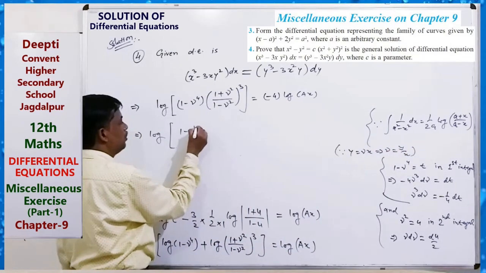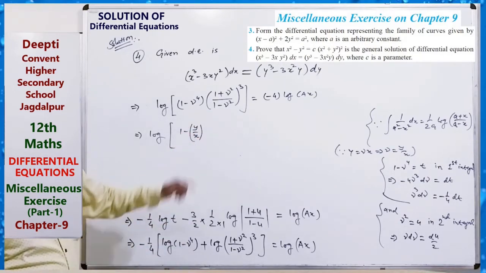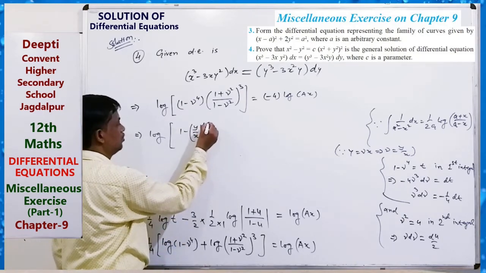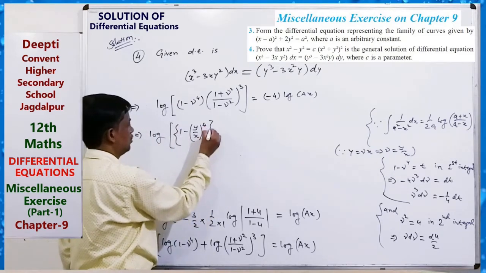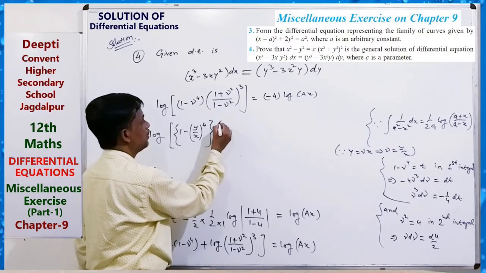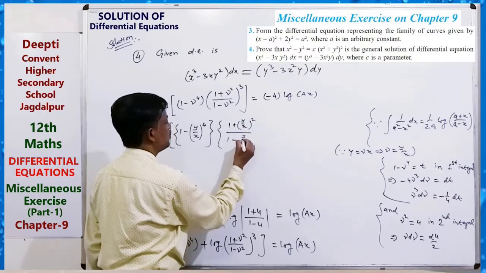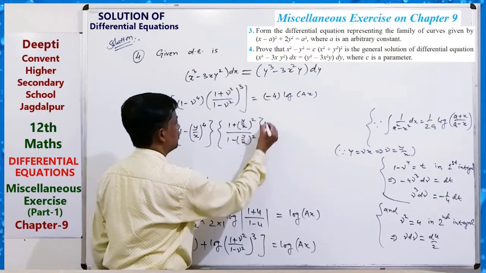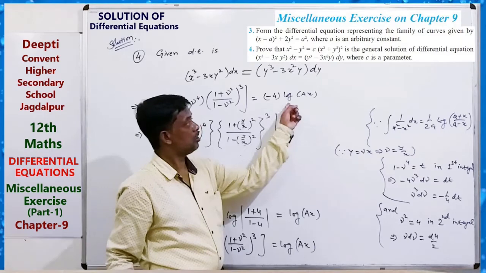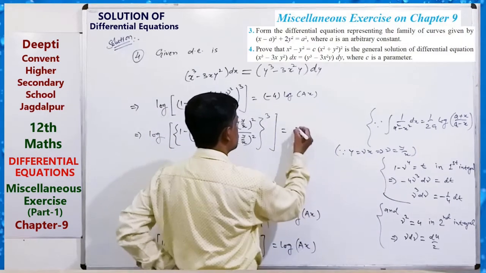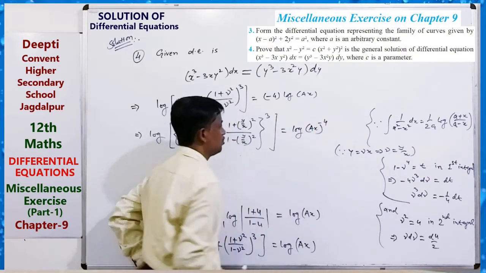So 1 minus y by x power 4, and here 1 plus y by x square upon 1 minus y by x square power 3 equals log, minus 4 to the power, so log of ax to the power minus 4.